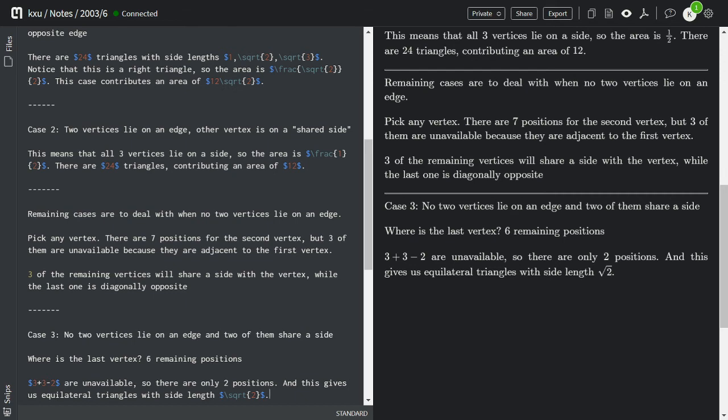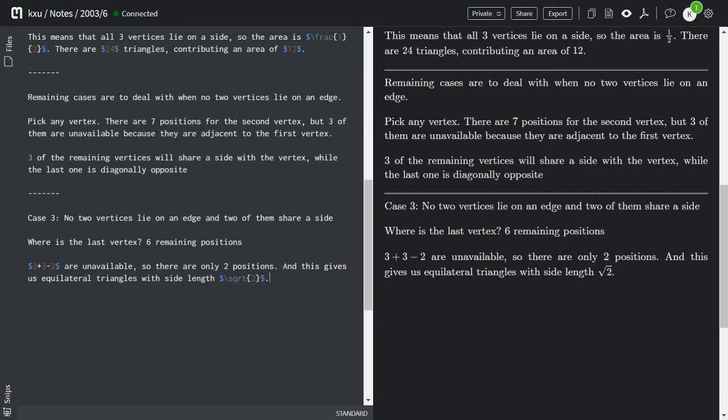So how many are there? Well, I mean, we can just count all of them.